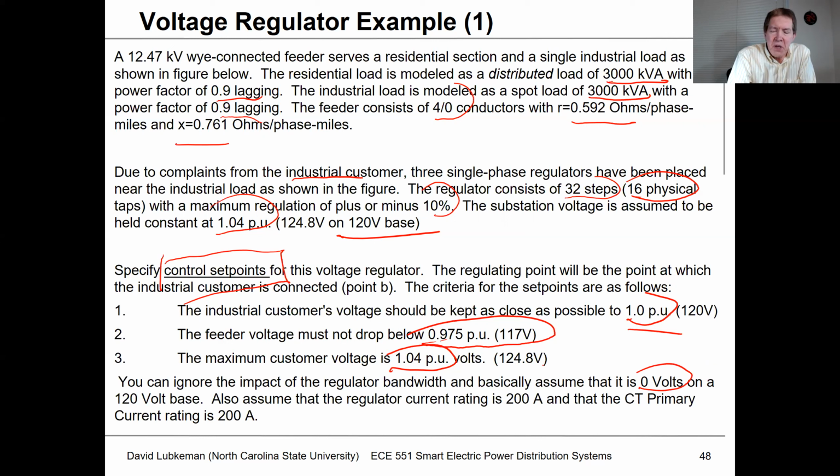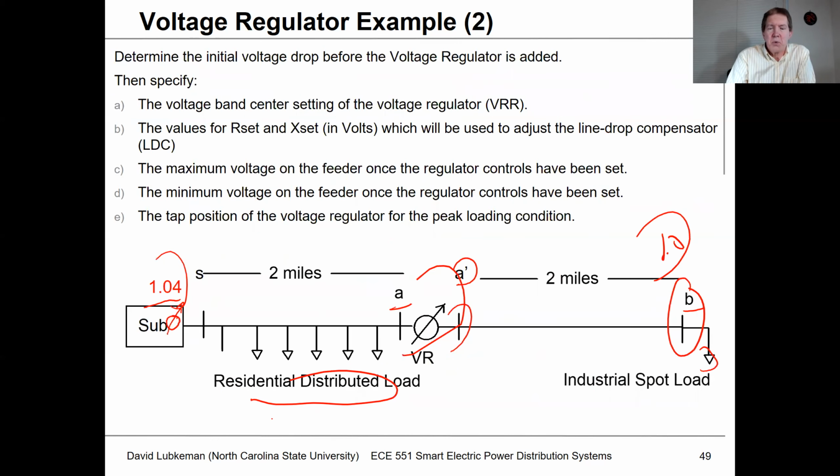We'll also assume this voltage regulator has a current rating of 200 amps on the load side, and that the CT primary current rating is 200 amps. We'll do a baseline calculation for the voltage drop before we put the regulator in the circuit.